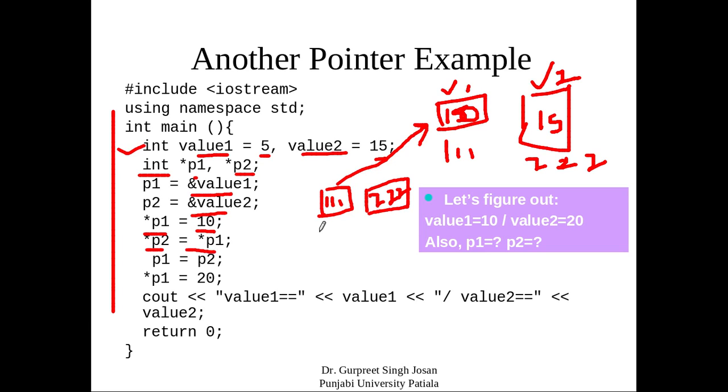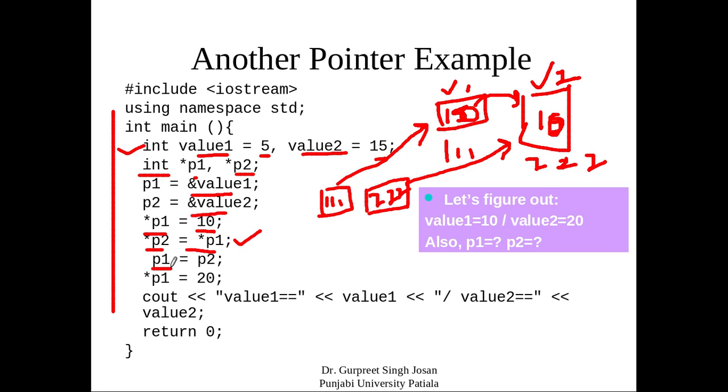Now I am transferring the value at p1's location into p2's location. So *p1 means the value contained at location 111, and *p2 means the value contained at location 222. So p2 is pointing to this location, and I am transferring this value to this location by using this statement. So here 15 is overwritten by 10. Now both locations contain the value 10.